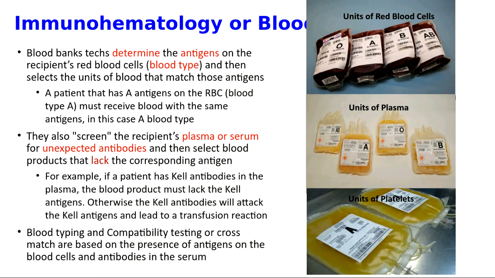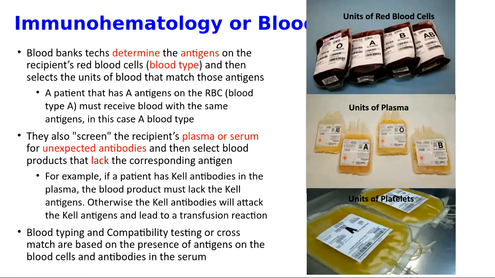If you are A, you will automatically, naturally make antibodies in your plasma against the antigens that are missing. So if you are A, that means that you don't have B. So your body will naturally make anti-B.